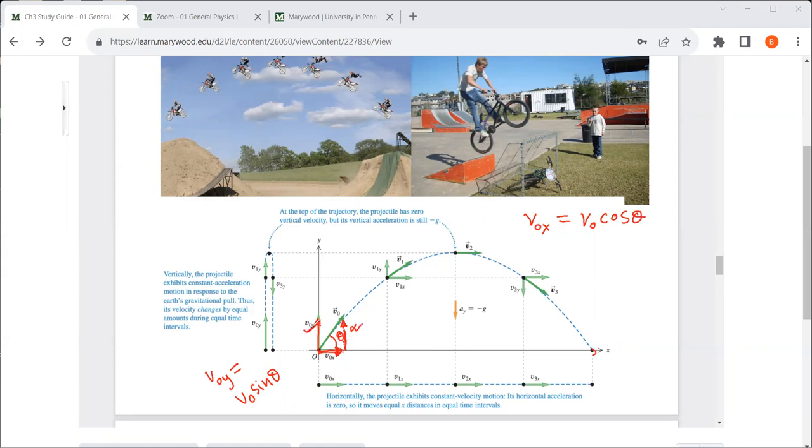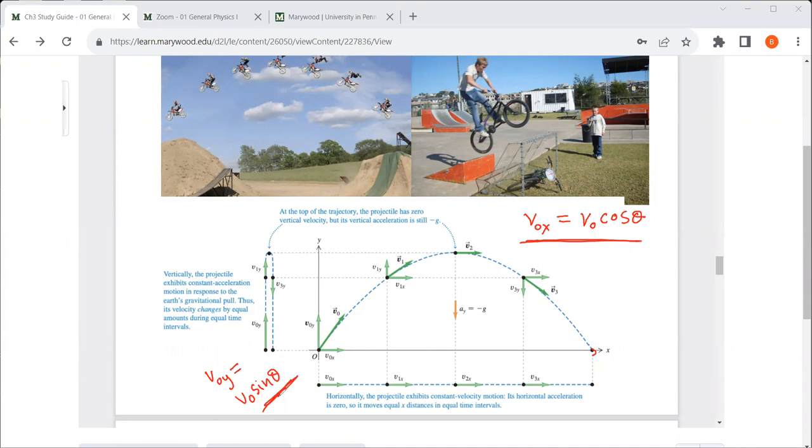So the first thing we have to understand is that when you project an object at some initial velocity that makes an angle with the horizontal, we can break this vector into its components. The vector components are this and this, one along the x-axis and one along the y-axis.